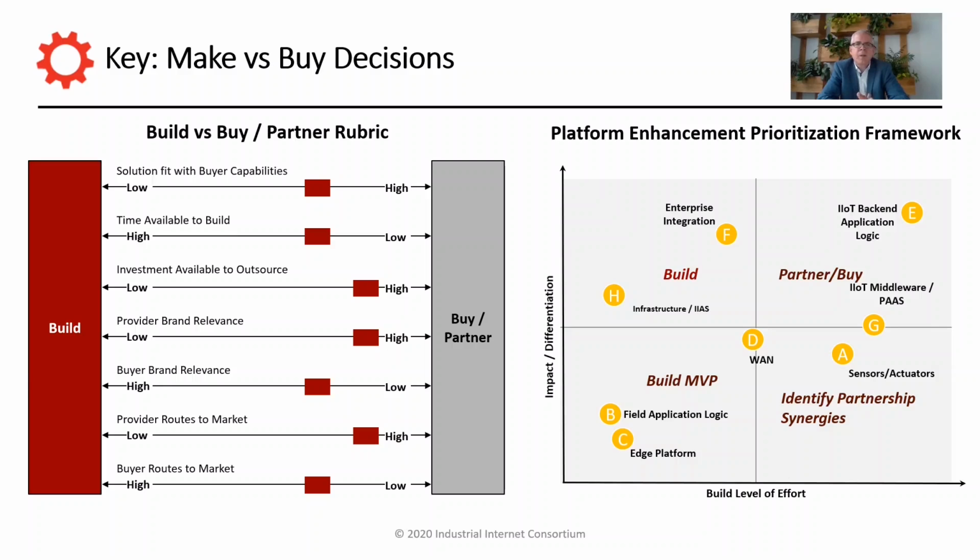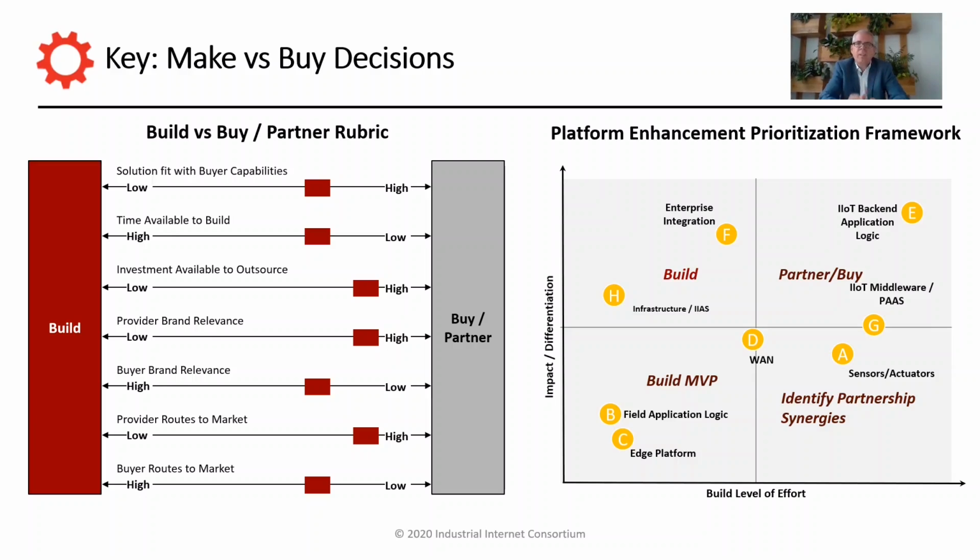So for example, what's the solution fit with the required buyer capabilities? How much time is available to build the solution? How relevant is any kind of provider brand for you? What are the providers' routes to market that could support you, and so on.